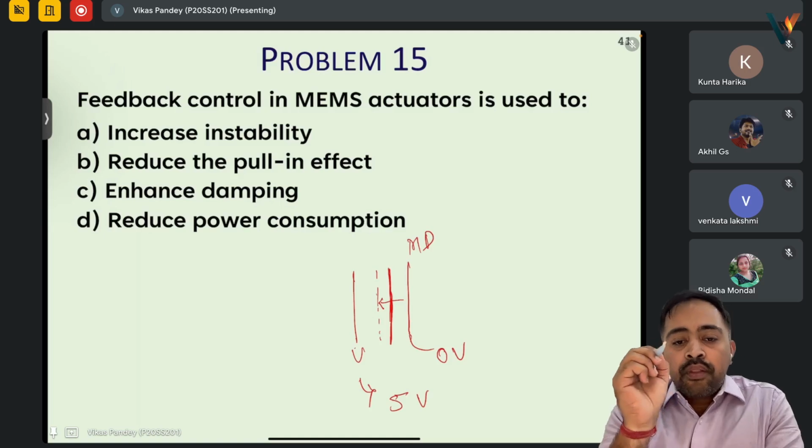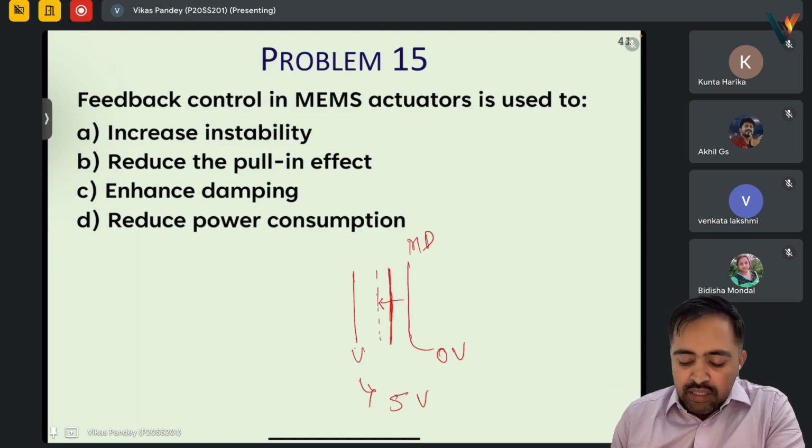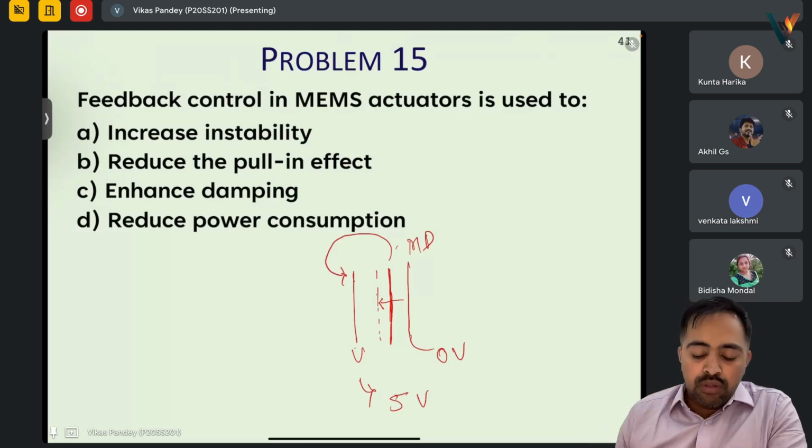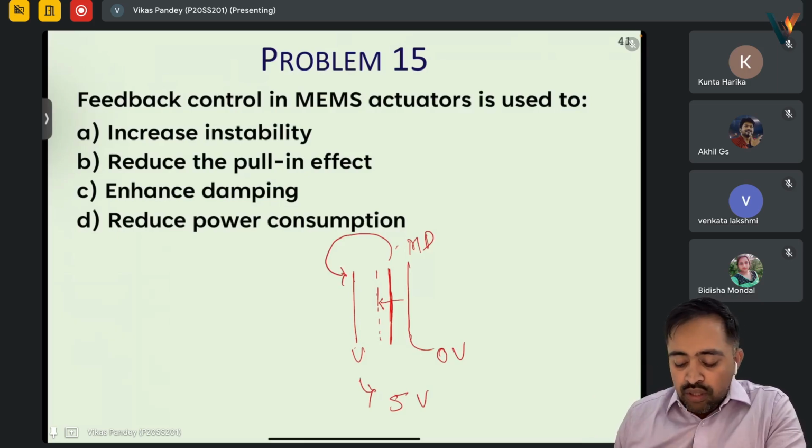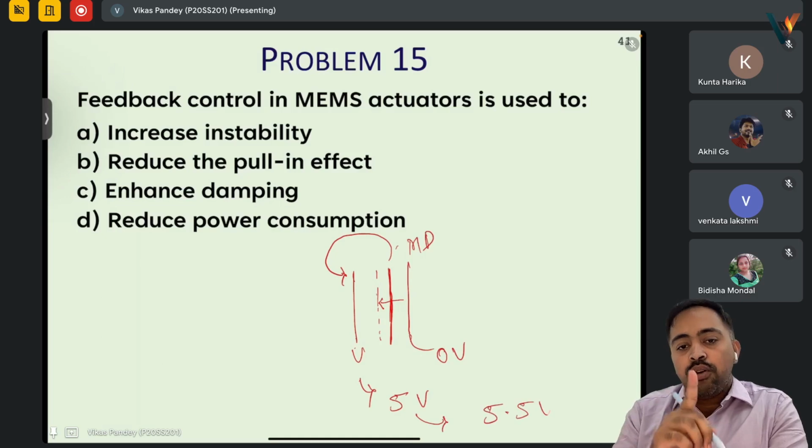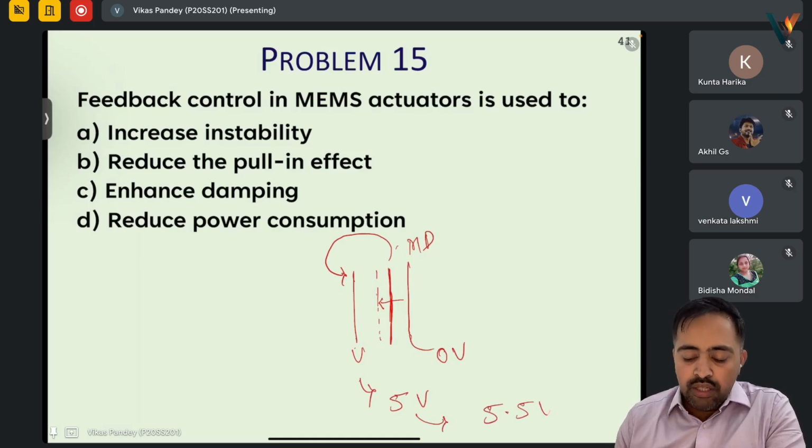So by the feedback mechanism, that is feedback control circuit, it will give the control signal to increase it since it has not reached the exact position.